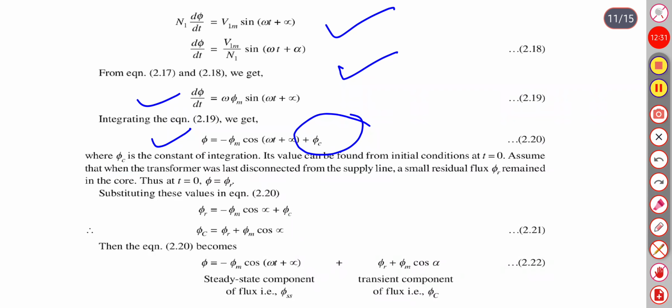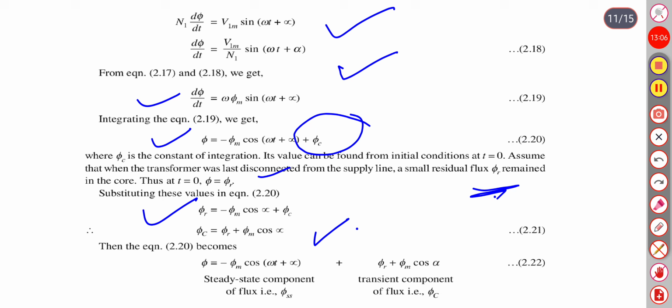Assume that when the transformer was last disconnected from the supply line, a small residual flux phi r remained in the core. Thus at t equals 0, phi equals phi r. Substituting this value, we get phi r equals minus phi m cos alpha plus phi c, so phi c is equal to phi r plus phi m cos alpha.